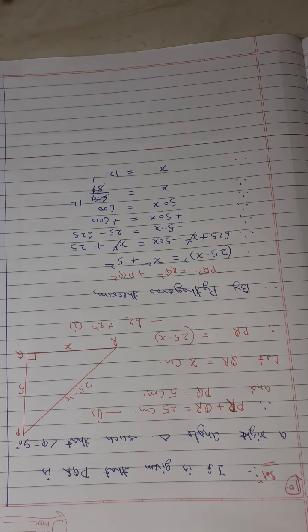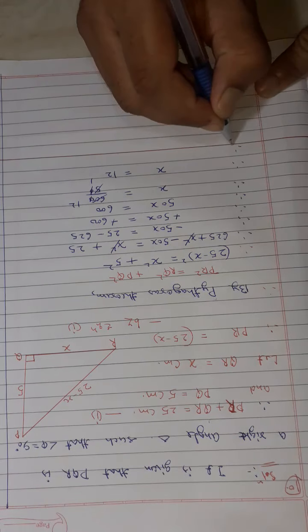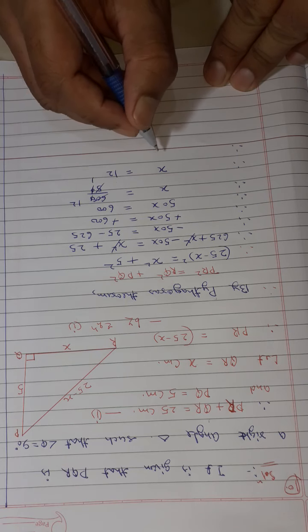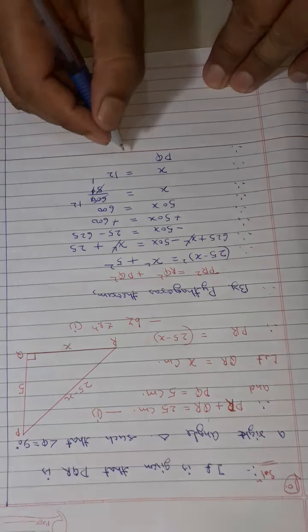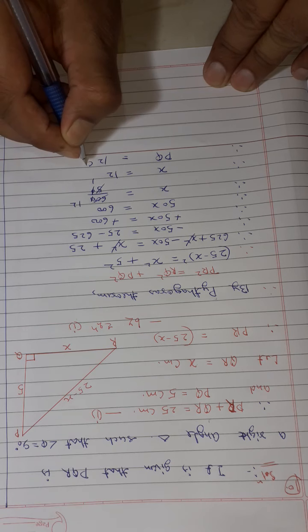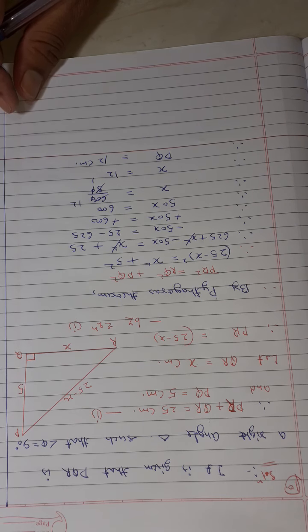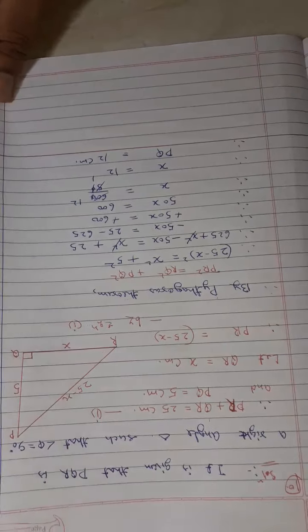Therefore QR is equal to 12 centimeter. Now we have to find out the other sides.